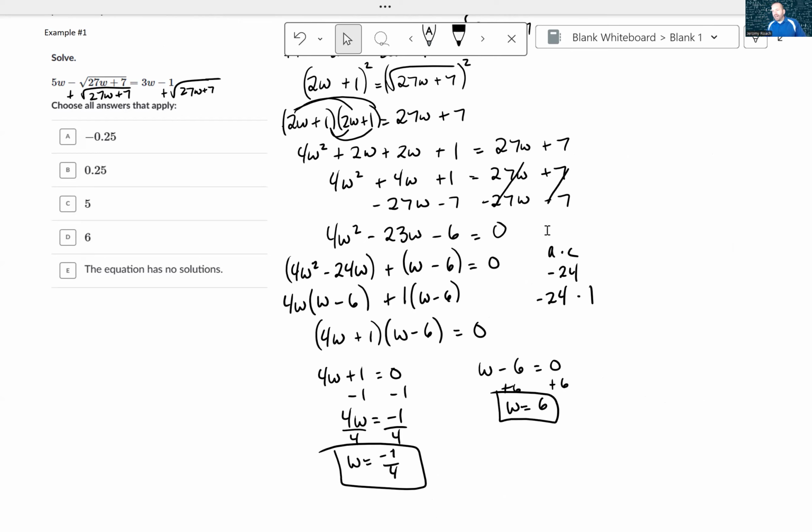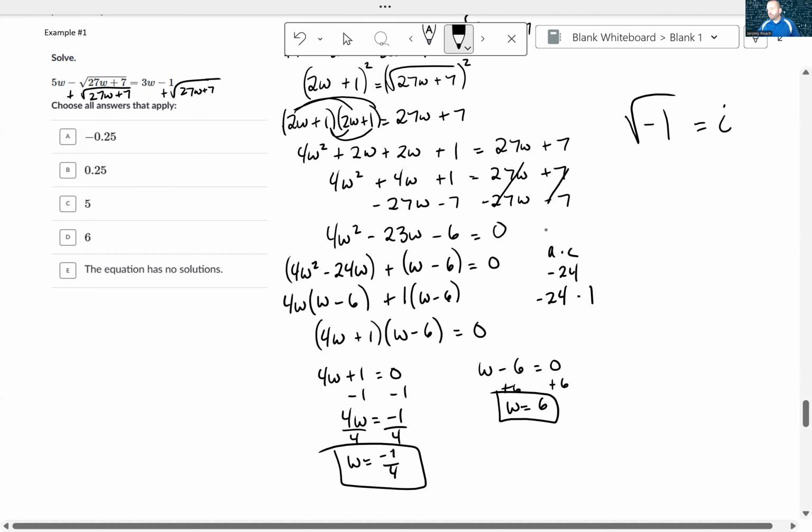So when you have a negative under the radical, like if you had the square root of negative 1, that's going to give you an error in your calculator. In fact, that equals the imaginary number i, because it's not able to be computed. The reason is, if we take the square root of a negative, any two negatives of the same number is going to give us a positive. So it's impossible to have a negative underneath the square root.